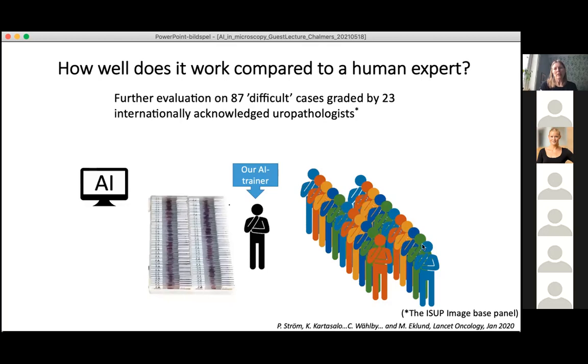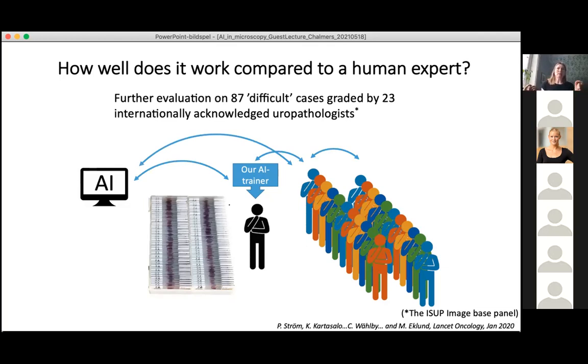And not everybody agrees. One of these 23 persons was also the person that trained our AI and had made all the pen marks. So to really see if our AI system was as useful as a pathologist, what we did was compare all of them against one another.